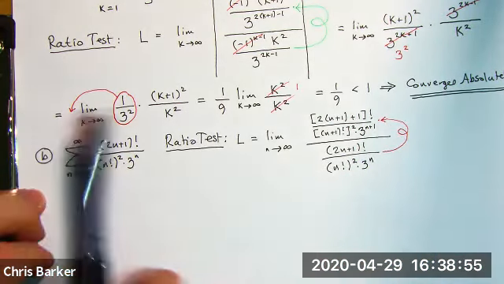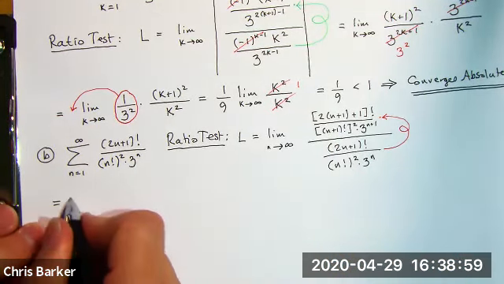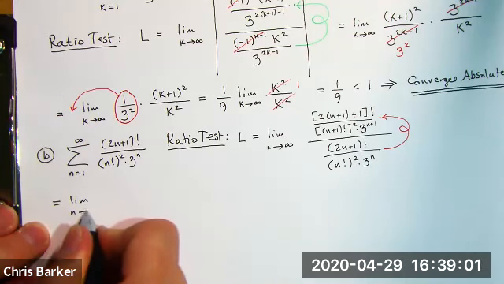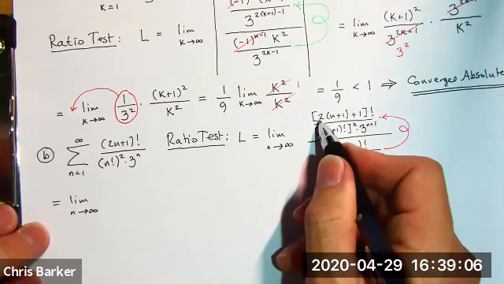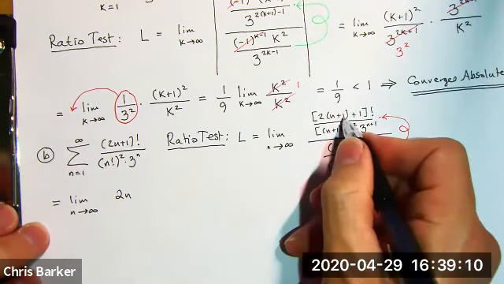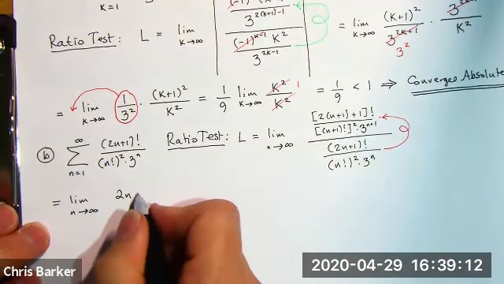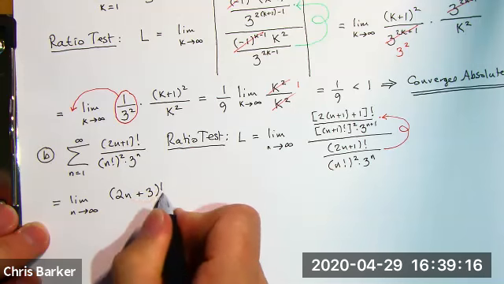Now, as I rewrite this, I'm going to expand it out. So that will be the limit as n goes to infinity of, okay, expanding out this factorial in the numerator. 2 times n is 2n. 2 times 1 is 2, plus this other one is 3. So that's (2n plus 3) factorial.